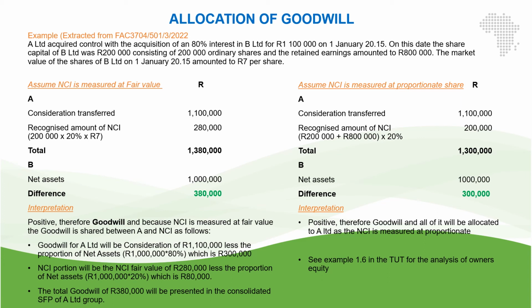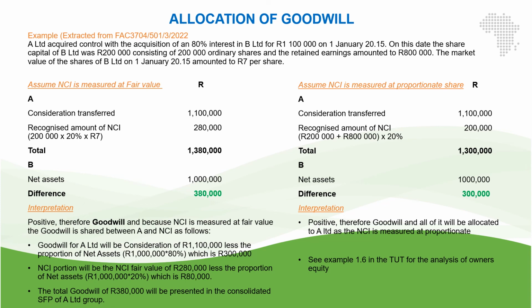Now let's move to where NCI is measured at proportionate share of net identifiable assets. Consideration transferred is still the same, 1.1 million. And then the amount of NCI will be the net asset of retained earnings and share capital by 20%, and we land at 200.